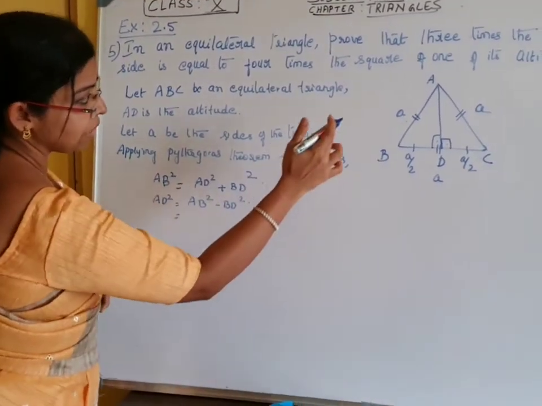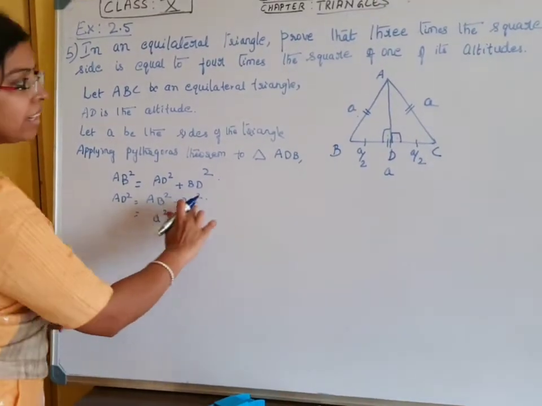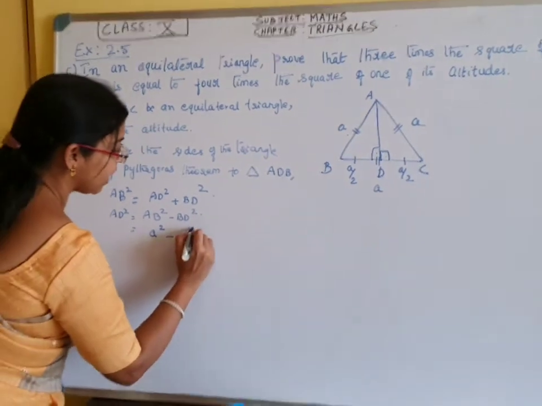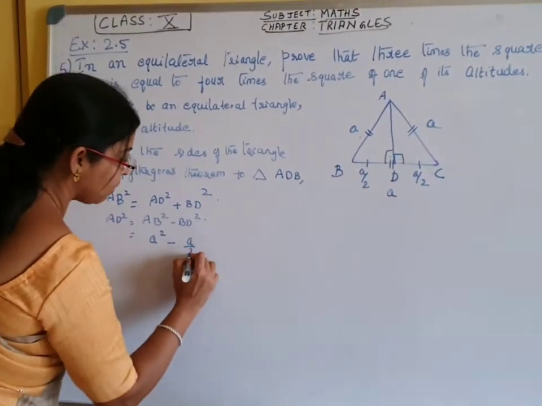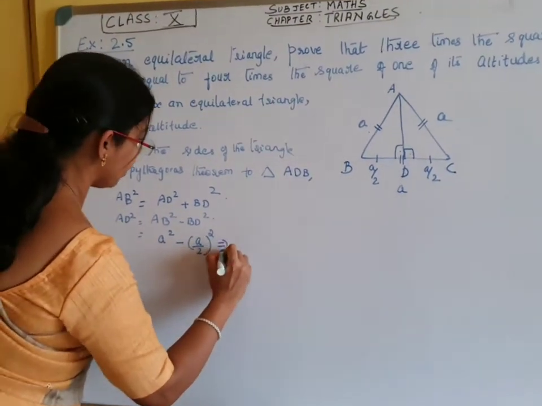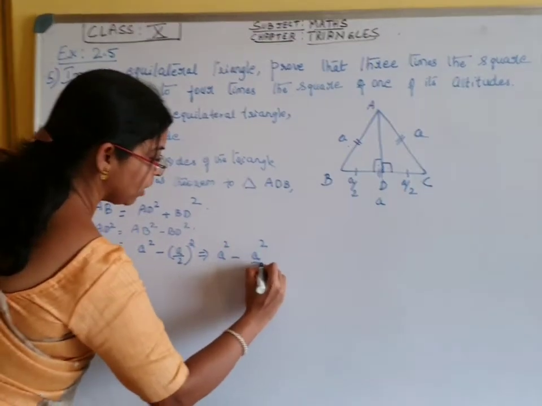What is AB? Which is a. a square minus, what is BD? It is a by 2. Square of it is a square by 4. I'll write it as a by 2 the whole square, which is a square minus a square by 4.